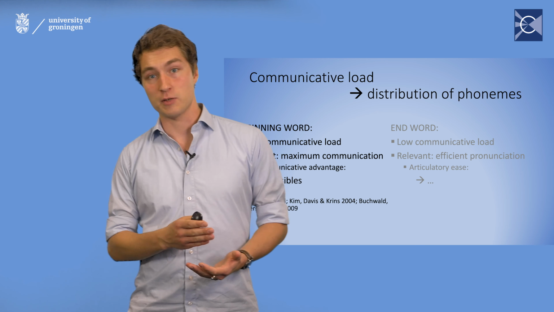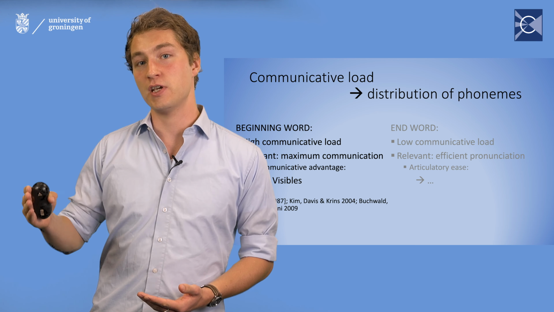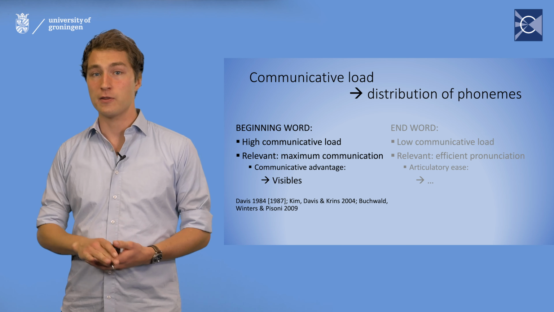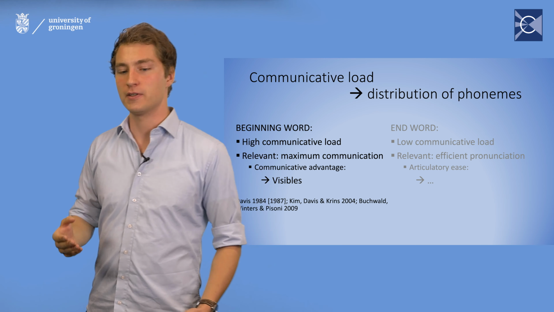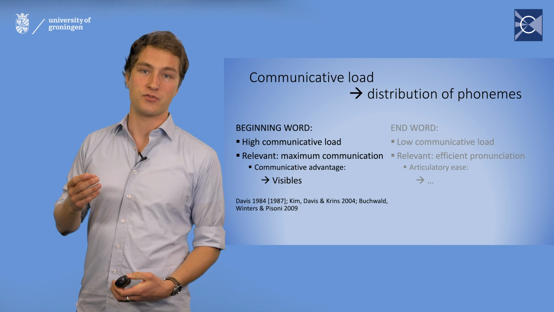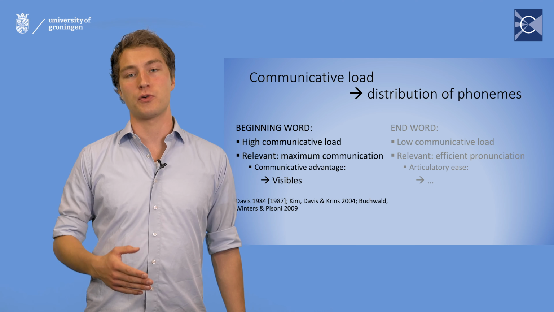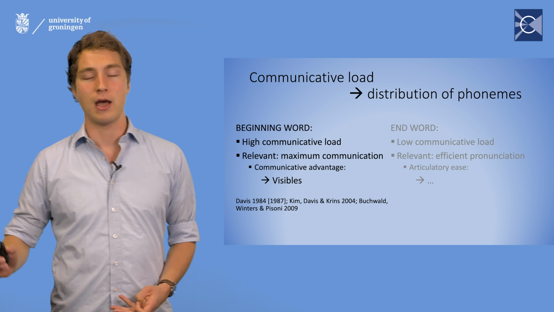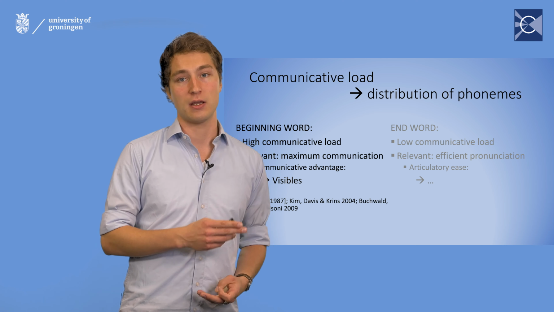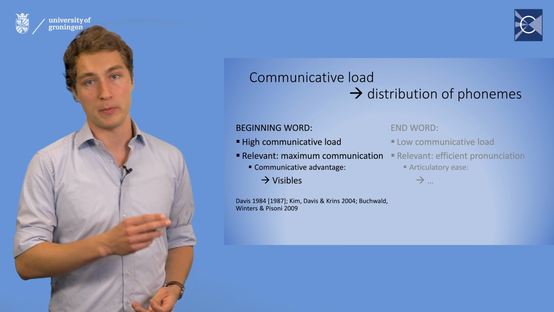As opposed to the end of the word, where efficiency of pronunciation is favoured. The end of the word is more predictable anyway. We don't need to make as much of an effort, and articulatory ease is favoured. And that part of the story is outside of the scope of this presentation. We will be focusing on the favouring of visible consonants in positions of high communicative load.